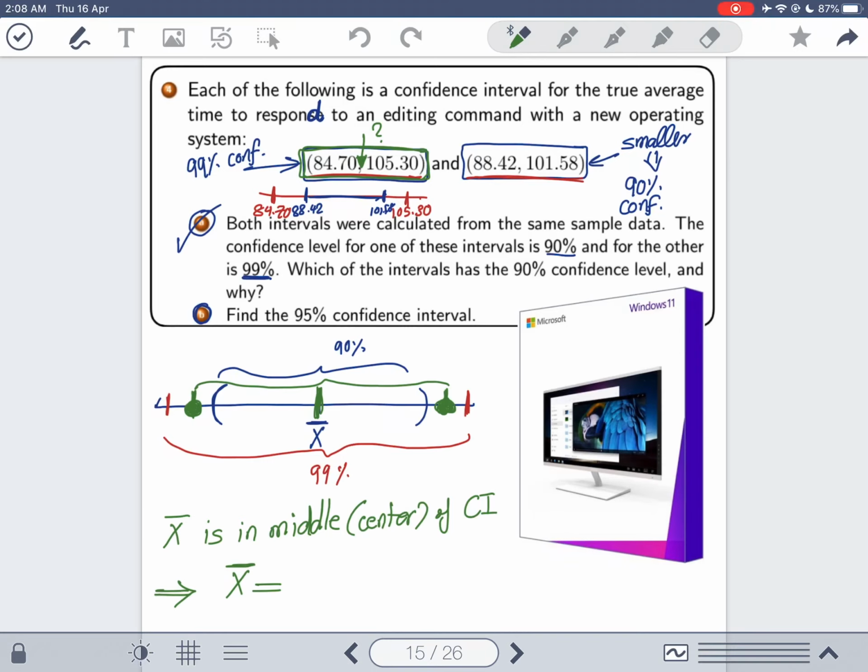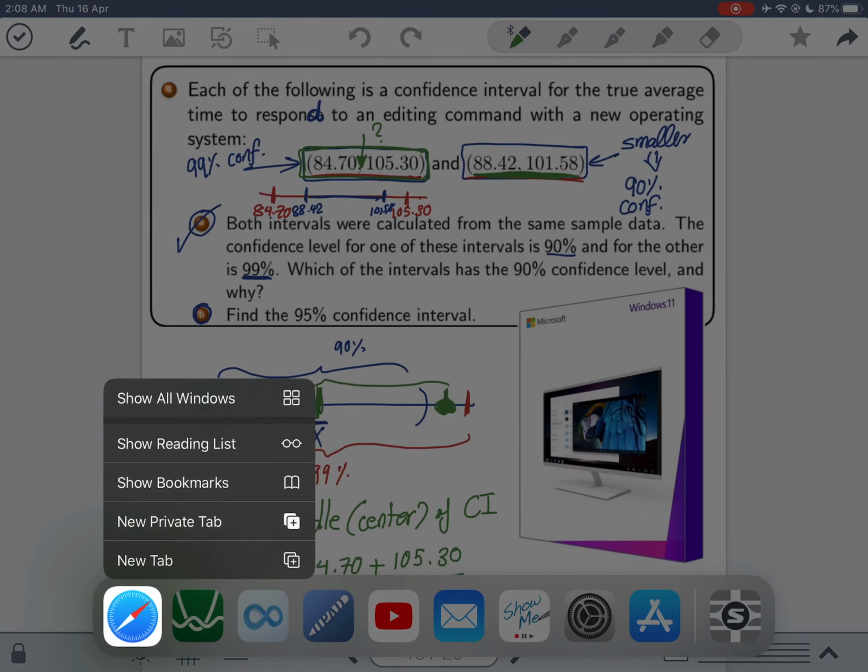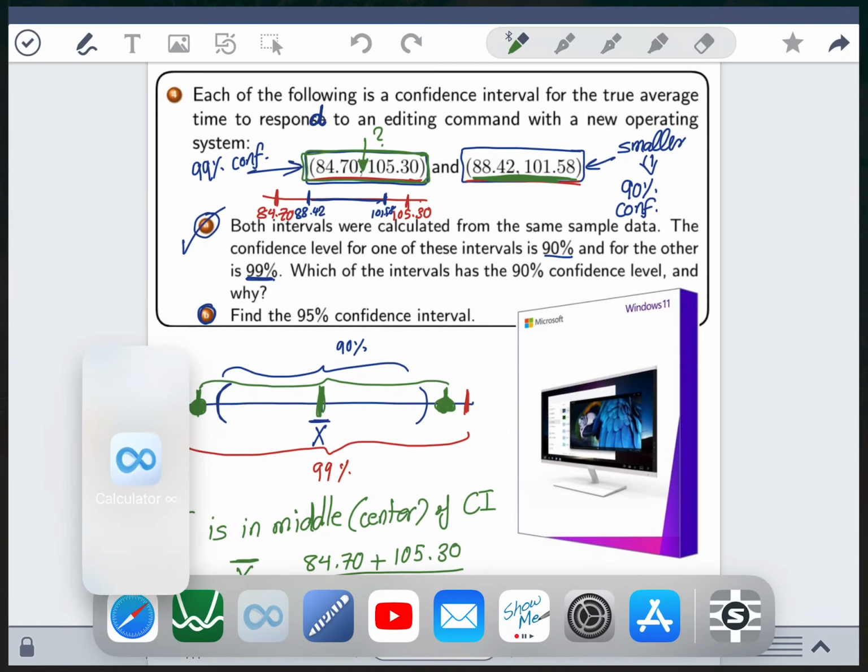So add the two numbers and divide by 2 to get X bar. So X bar is 84.70 plus 105.30 over 2. Or you can use the 90% confidence interval, add the lower limit to the upper limit and divide by 2. I'm going to show you both of them just so that you see that you get the same answer. Actually, we need the calculator now.